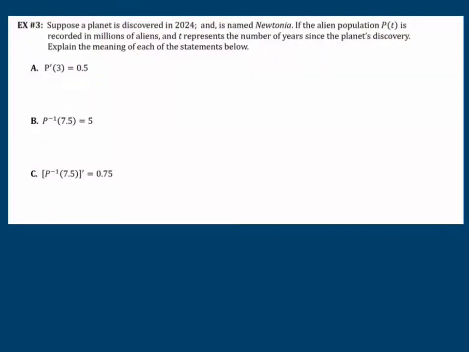Looking at example 3, suppose a planet is discovered in 2024 and it's named Newtonia. If the alien population, P of T, is recorded in millions of aliens, so that's important, millions of aliens, and T represents the number of years since the planet's discovery, explain the meaning of these statements below.